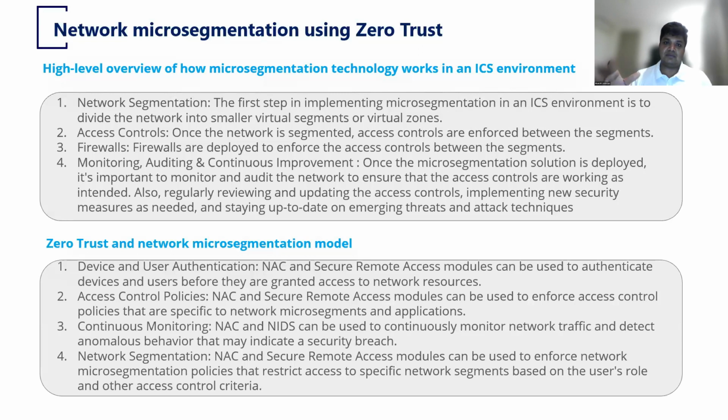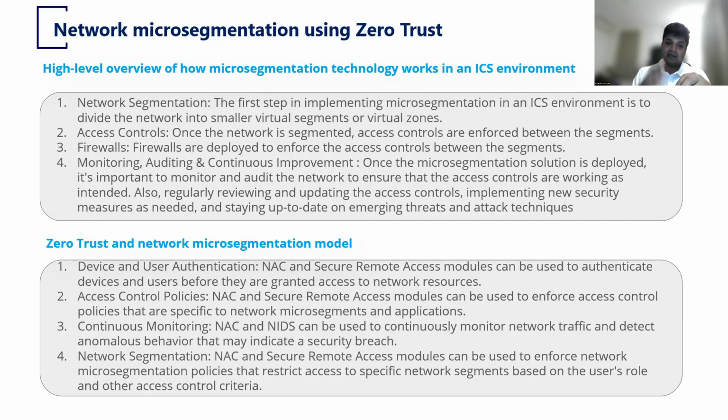And when you bring zero trust into the whole network microsegmentation module, you need to make sure that there is enough device and user authentication. So the NAC, or the network access control module, and the secure remote access module will help in achieving this. Then there are access control policies which can be set as part of the microsegmentation module, and you can have the same policies being monitored in the secure remote access module.